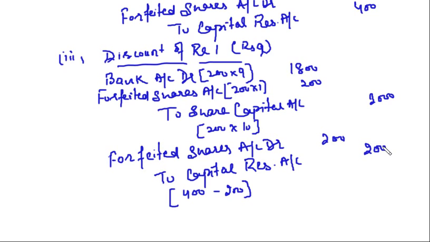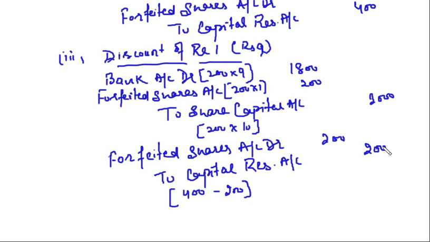So friends, is this clear? All the forfeited shares are not reissued, only a part of the forfeited shares have been reissued. Out of 600 shares, 200 shares have been reissued. Then I told you, to the extent of shares reissued, the balance in the forfeited shares will be transferred to capital reserve. Now if on 600 shares the balance in the forfeited shares account is 1200, then on 200 shares what is the balance of forfeited shares? 400 rupees.